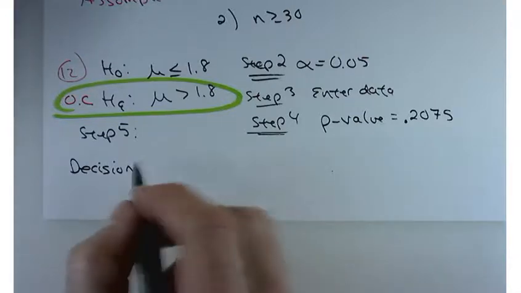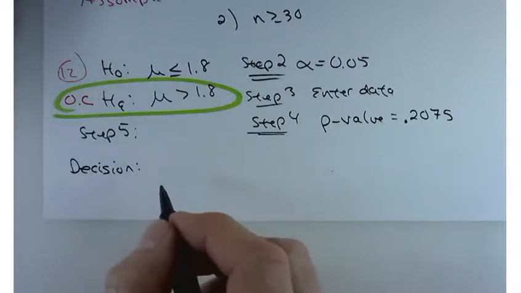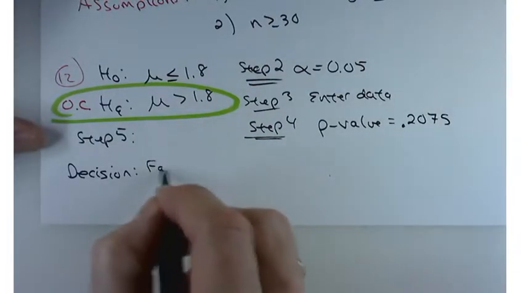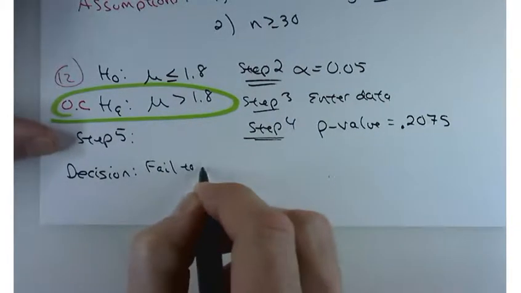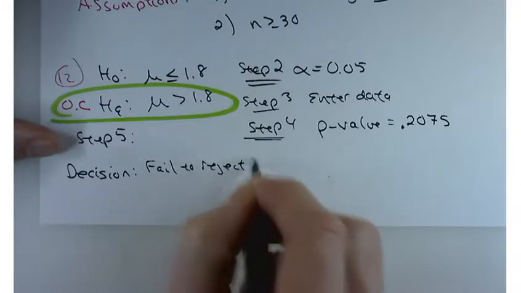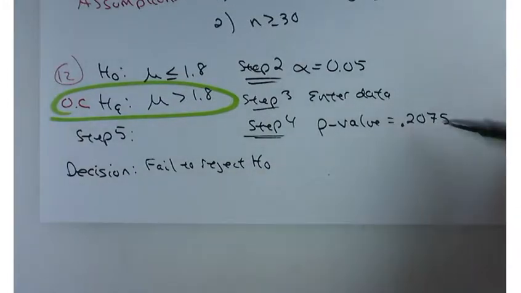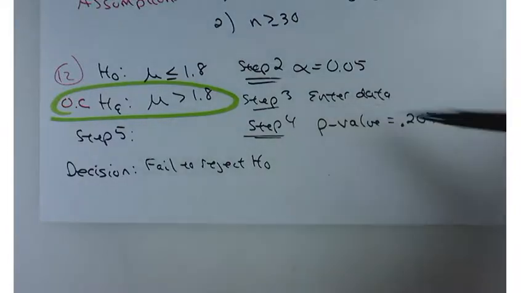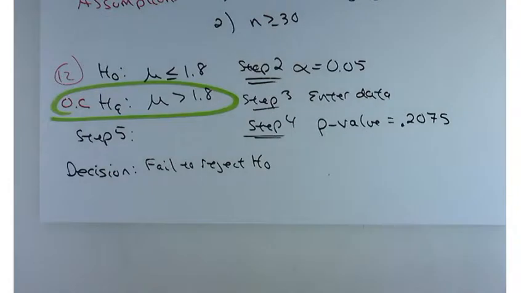Yeah. So fail to reject. Fail to reject H naught. Remember, if P is low, H naught must go. So if this is lower than alpha, then we can get rid of it.